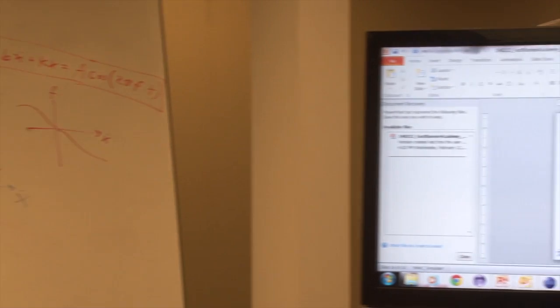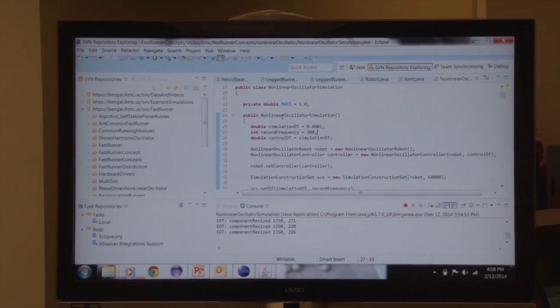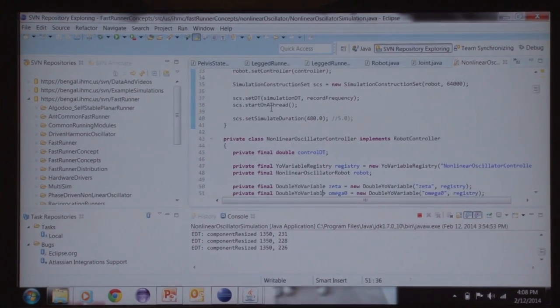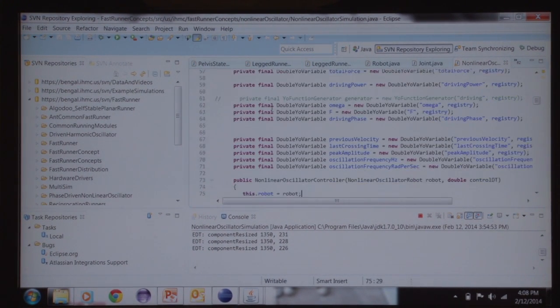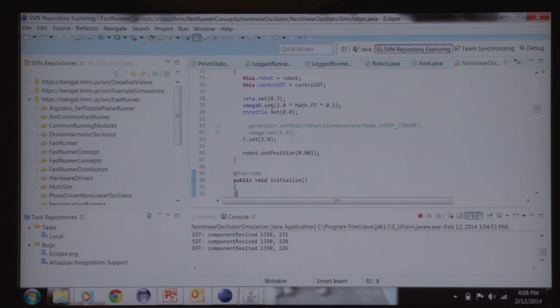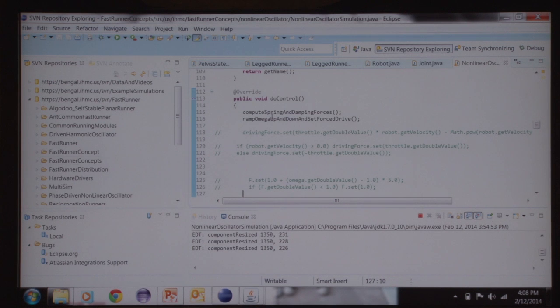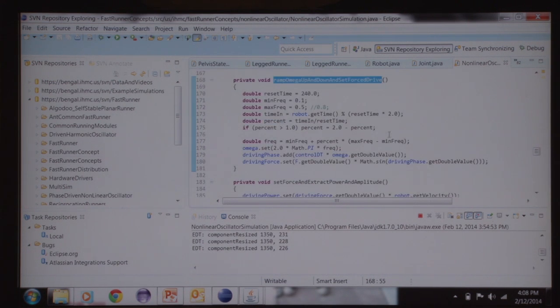So pretty much for the simulation of that, all we do is go in here where the controller is. Before, what was going on is ramping that frequency up and down, and the driving force was just F sine omega t.